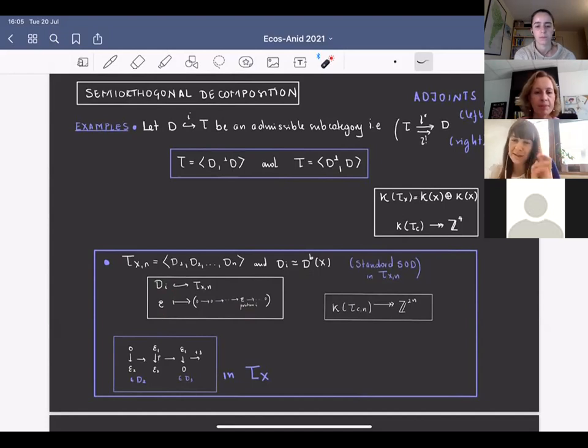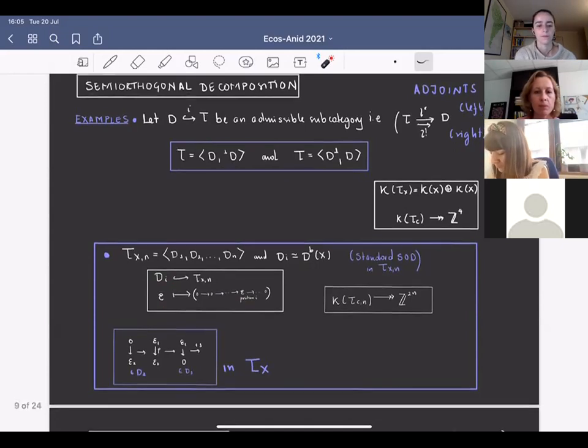So for every simple representation of the A_n quiver, we have one D_i. That's more or less what we have. In the case of T_X, the triples, this is how we see our semi-orthogonal decomposition. And therefore, we always have, for example, the Grothendieck group and the numerical Grothendieck group of our category of holomorphic chains over curves, which is always given by rank, degree, rank, degree, rank, degree.